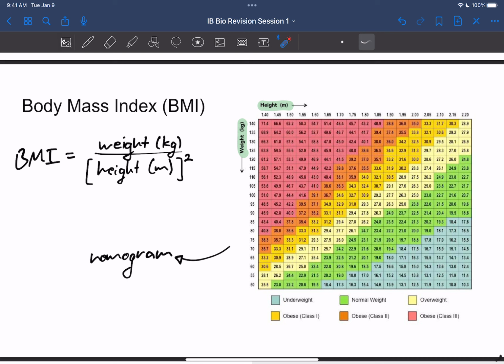Anywhere between 35 and 40, that's going to be class 2, and you just have to look at the values on here. And through that, you'll understand where they are.